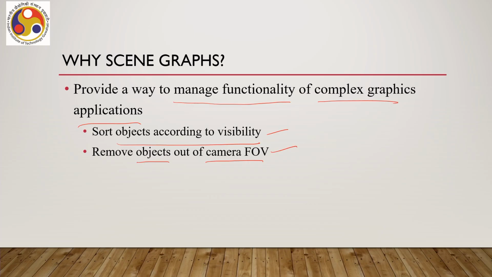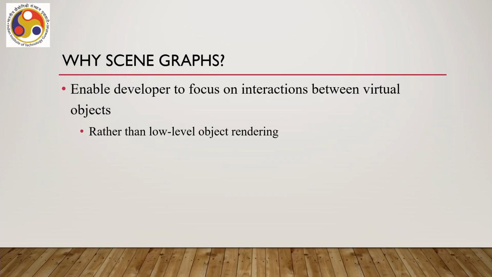So, these operations that are typically part of any 3D graphics pipeline are easily managed and supported by this type of representation. Also, it can allow state management, higher level abstractions of functionalities. So, many things are possible if we are going with scene graph based representations.